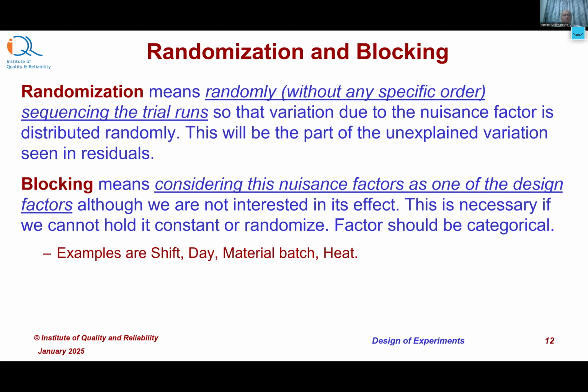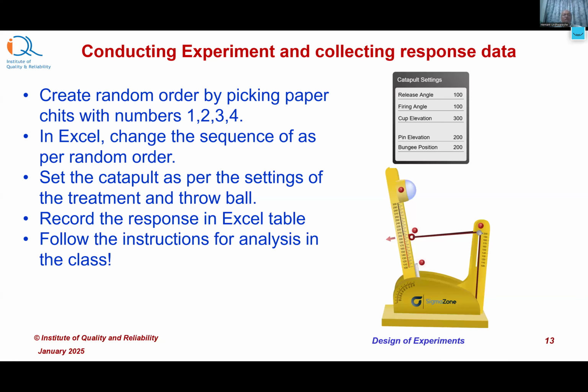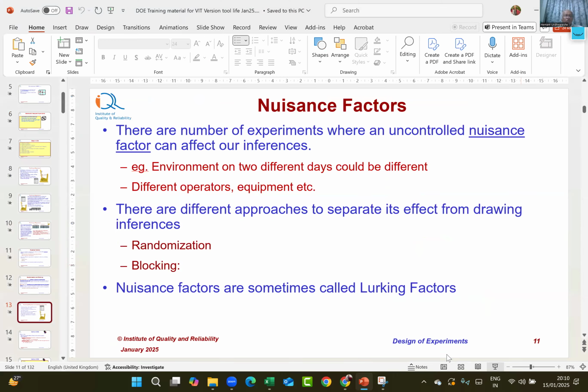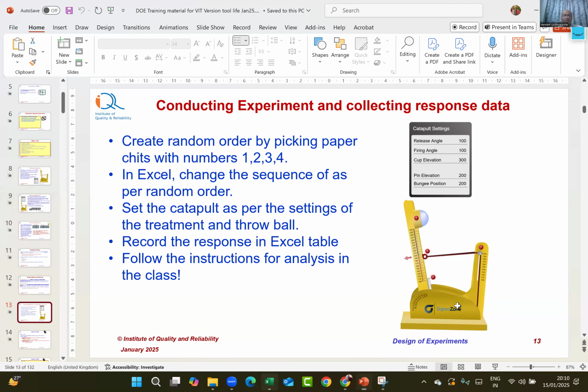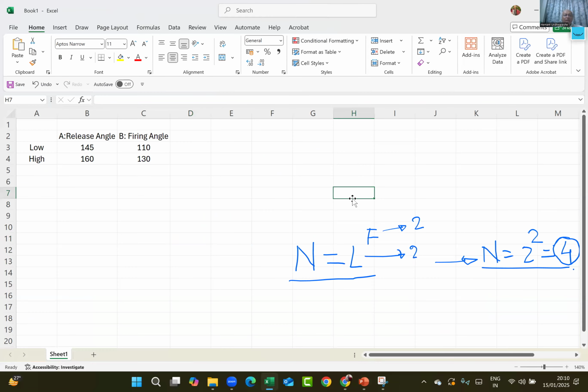So I proceed with that. Now we will create the random order of the experiment that we have decided. I go to this Excel sheet now, and I create those four treatments. I have listed them here.